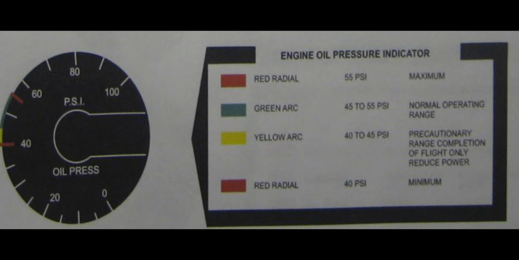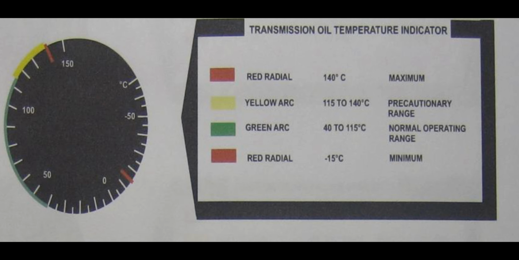Caution: when temperature reaches 115 degrees Celsius, cease heavy lift operations and closely monitor transmission oil temperature. If temperature continues to rise, land as soon as possible. Transmission oil temperature indicator. Maximum 140 degrees Celsius, red radial line. Precautionary range 115 degrees Celsius to 140 degrees Celsius, yellow arc.